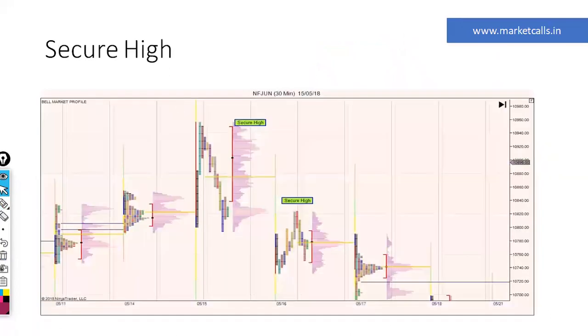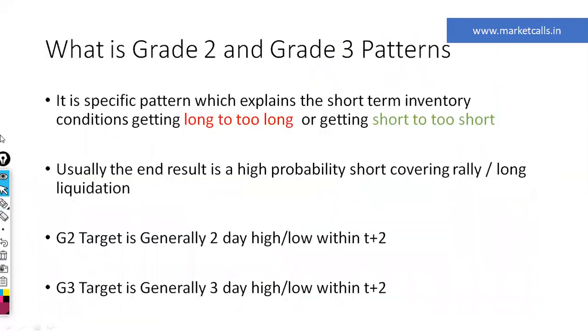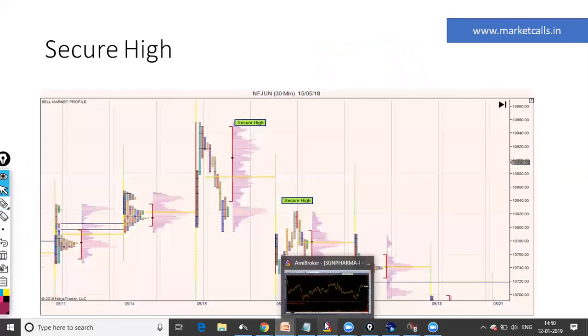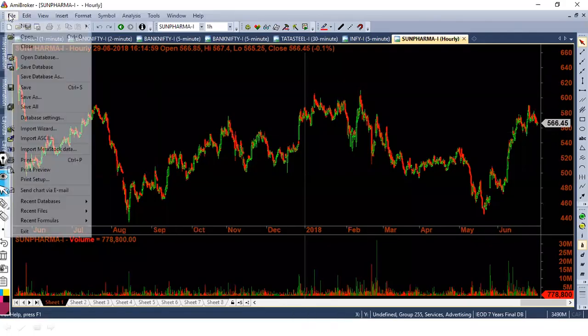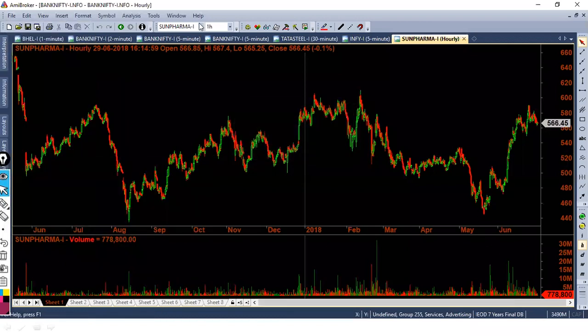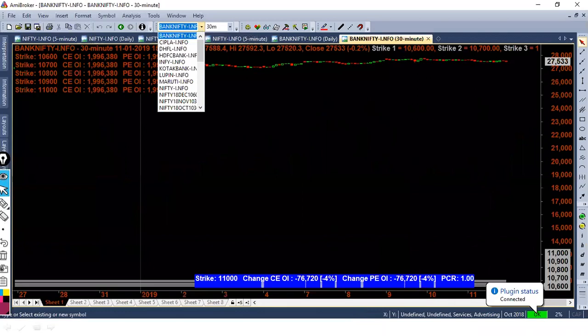Stealth auction is also one form of inventory getting long to too long. And sometime back in HDFC Bank, we got this kind of stealth auction. Not the stealth auction, but let me go back to the recent HDFC Bank daily charts. HDFC Bank.